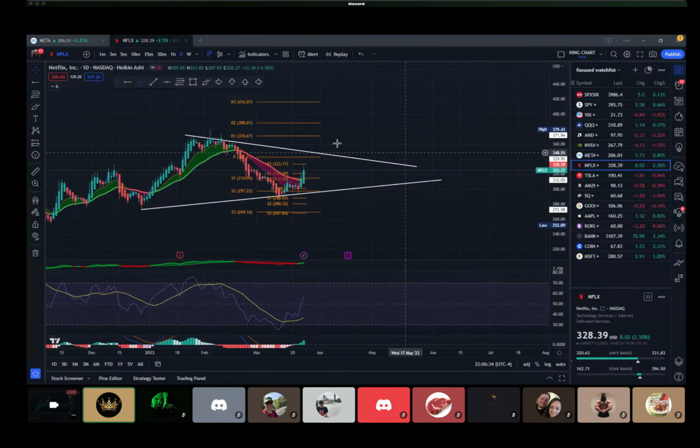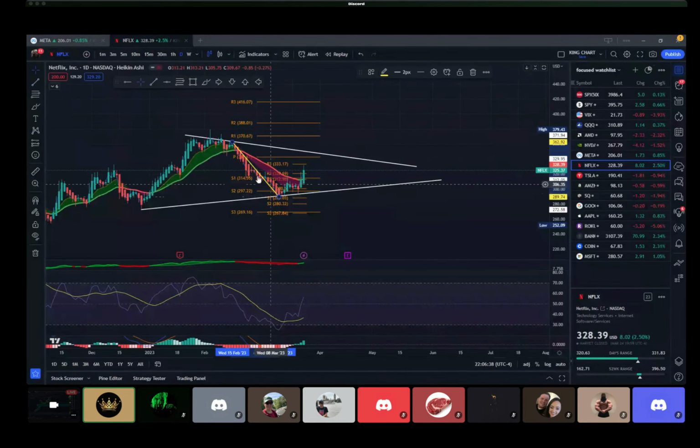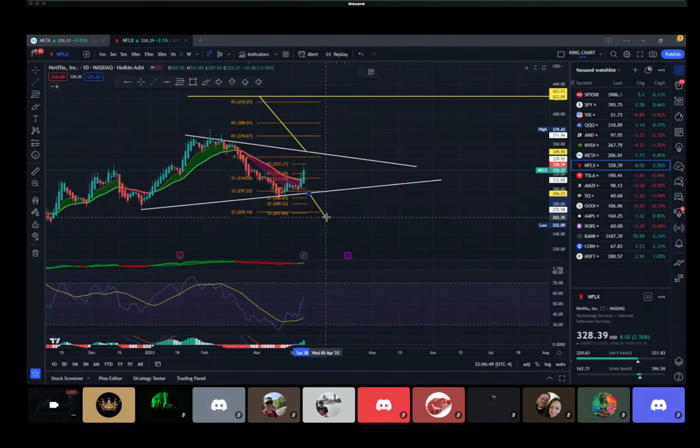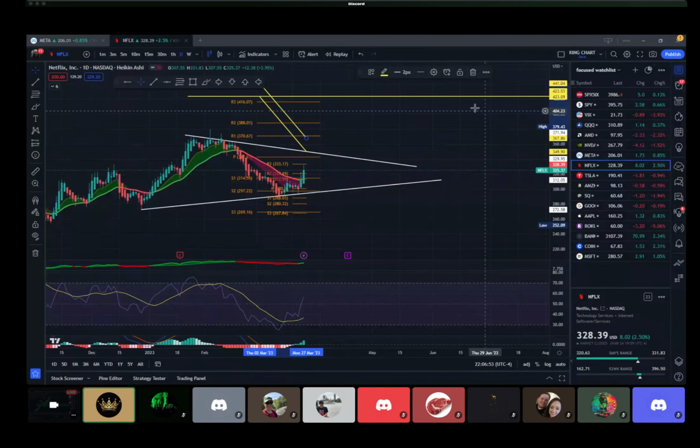And remember, with symmetrical triangles, you have to account for both sides, bullish and bearish. Actually, just clone this guy, put it over here.